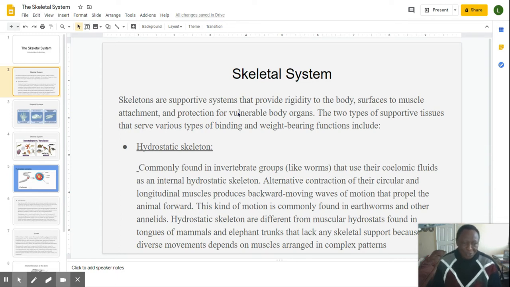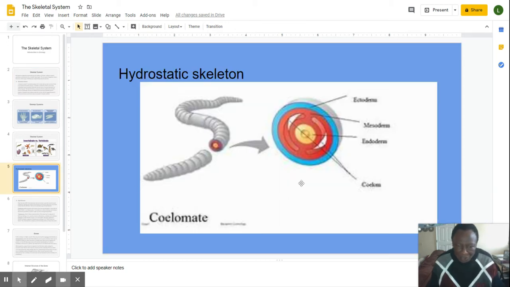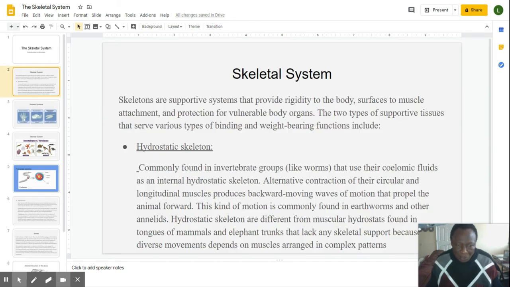First, let's talk about the hydrostatic skeleton. This is an example of a hydrostatic skeleton found mostly in coelomates, like earthworms, like tapeworms. In this case, the inner coelomic fluid acts as an internal hydrostatic skeleton.